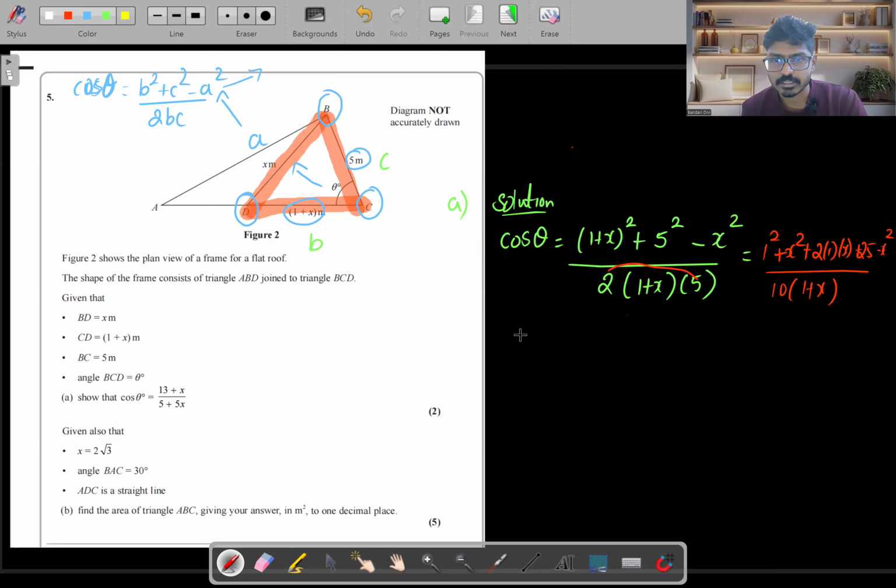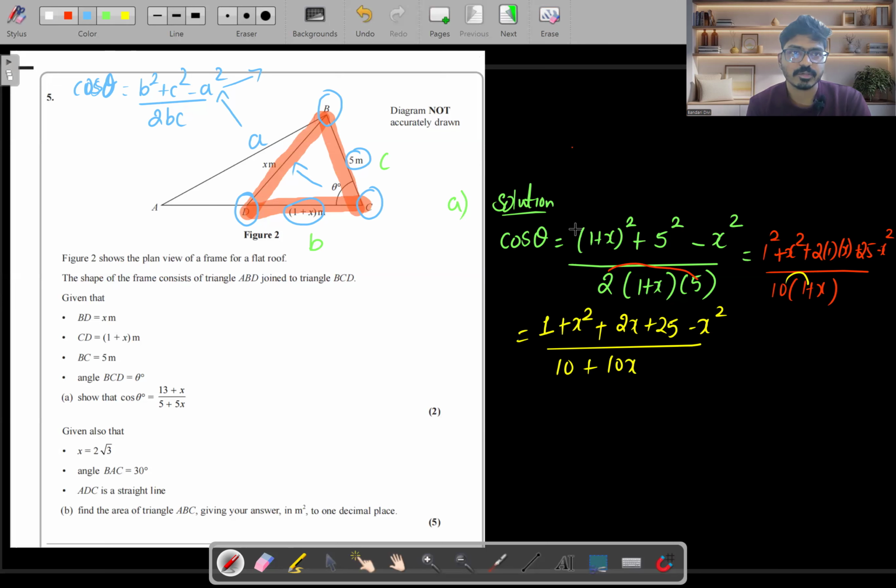Our next step: if I expand this bracket, 1 squared is 1, plus x squared, plus 2 times x which is 2x, plus 25 minus x squared, upon 10. Then we multiply out: 10 times 1 is 10, plus 10x.